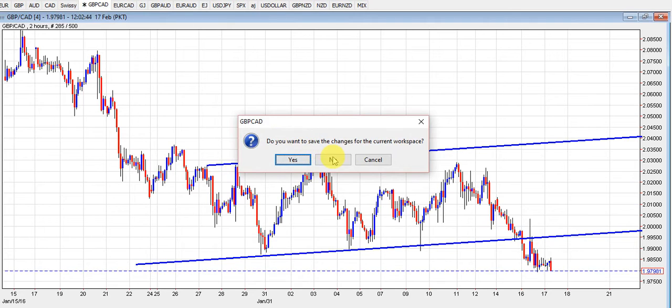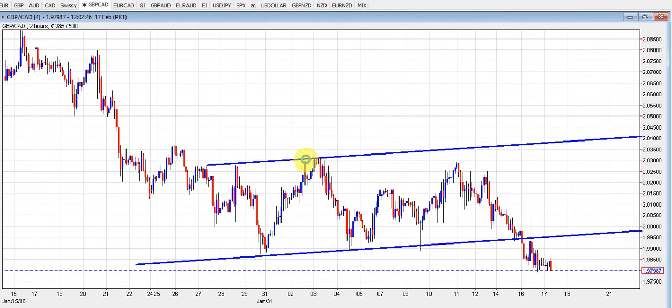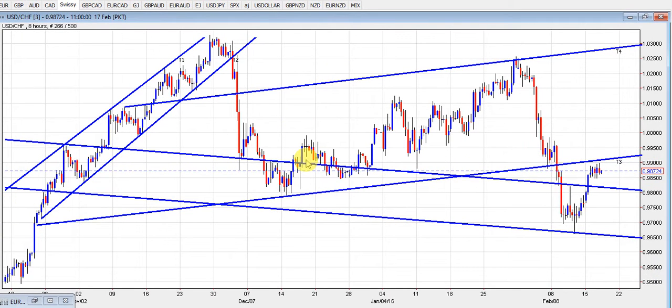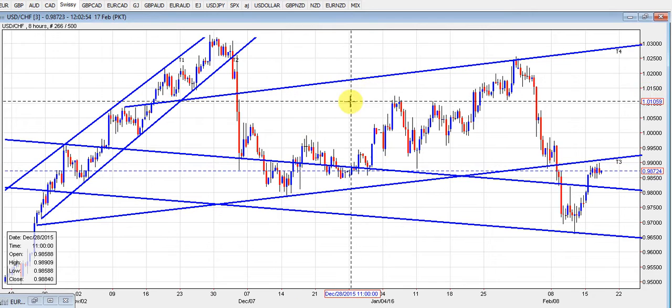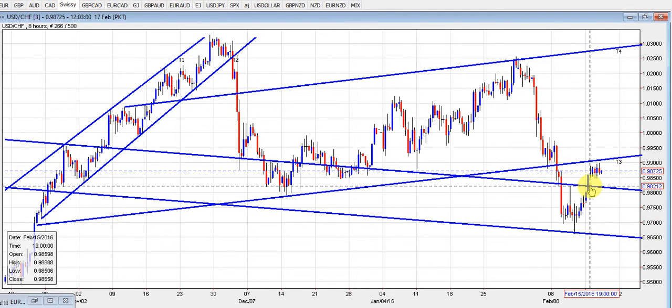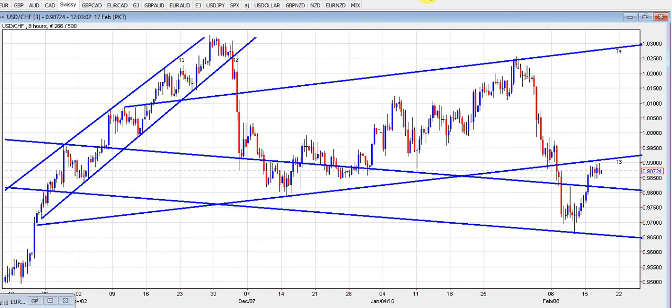Let me do a quick look at the Swissy. Swissy has already played up to the max. It's bounced off. My support is, again, this is where it gets tricky.